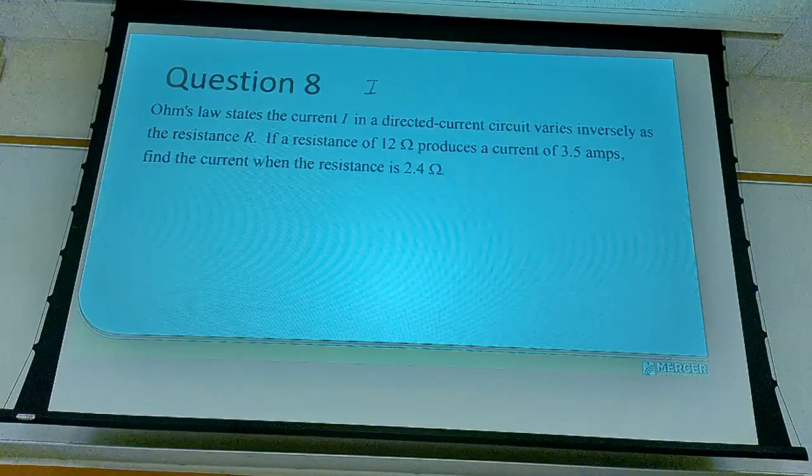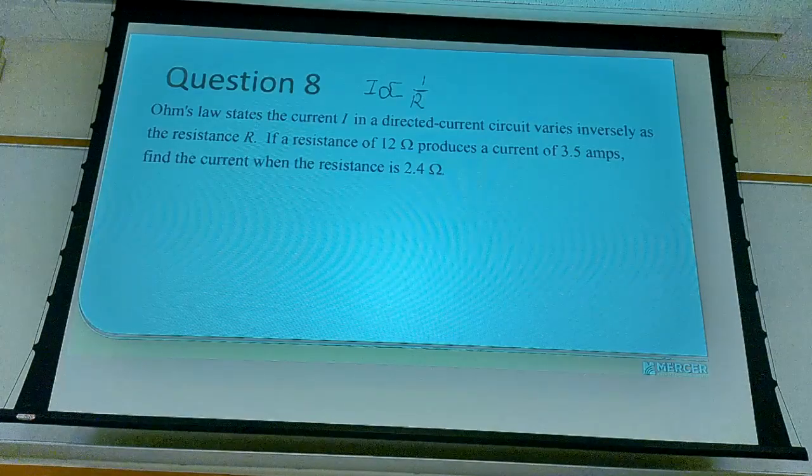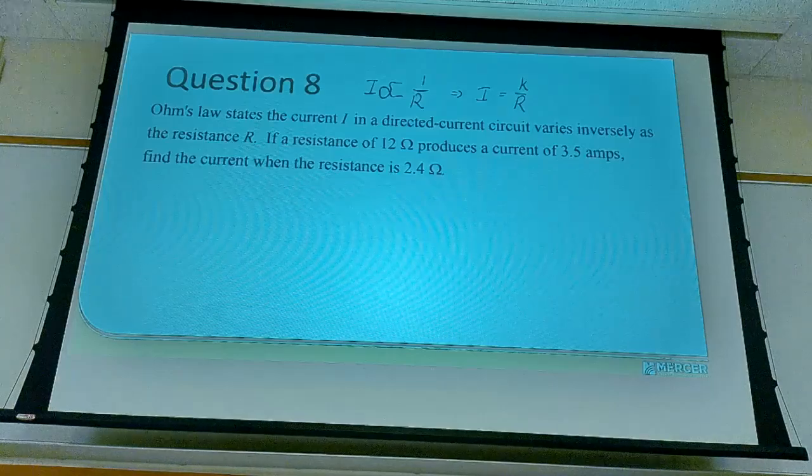So Ohm's law is saying that the current is proportional to the inverse of resistance. And so current is inversely proportional to resistance, and so current is K over R.